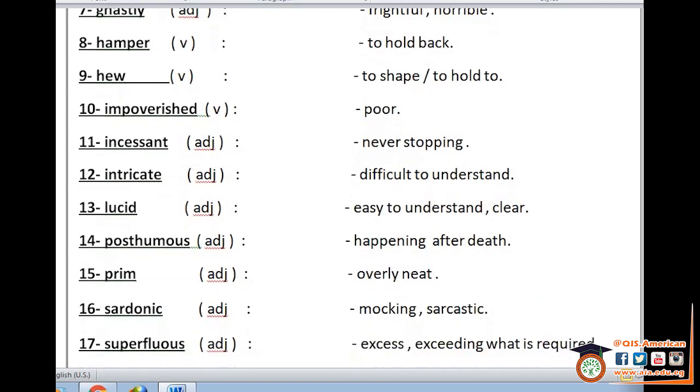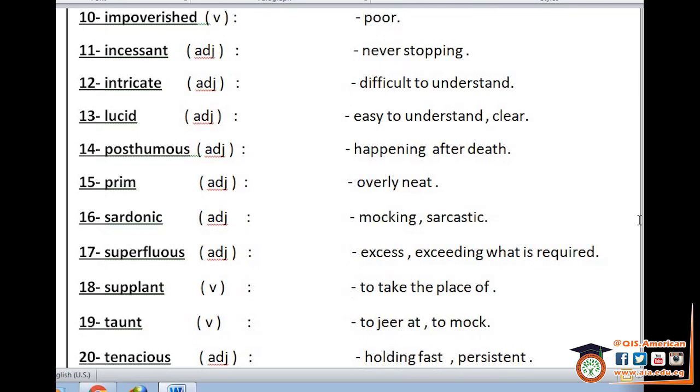Number 12, intricate. It's difficult to understand. Number 13, lucid, easy to understand. They can be opposite words, intricate and lucid. Together they are opposites. Number 14, posthumous.